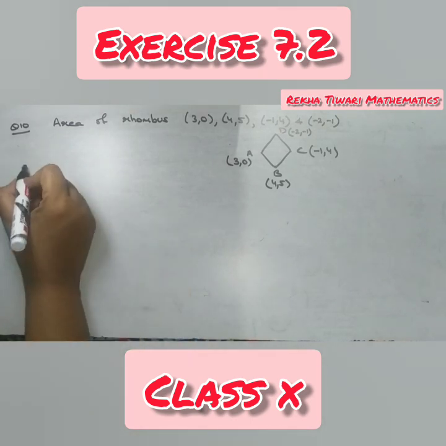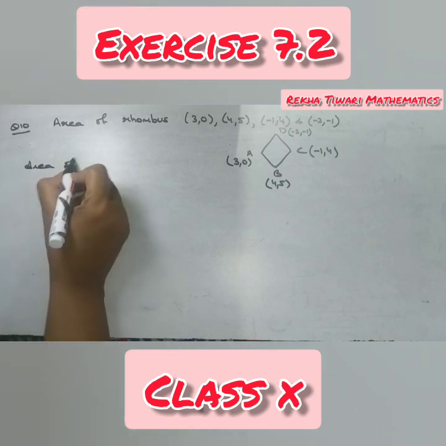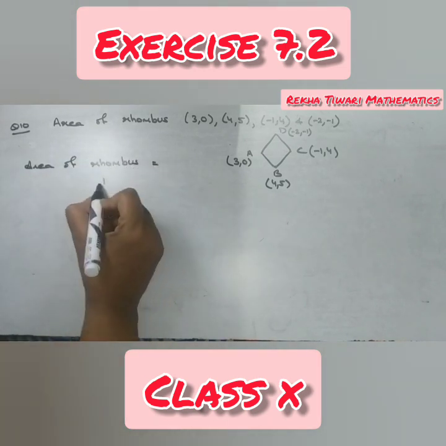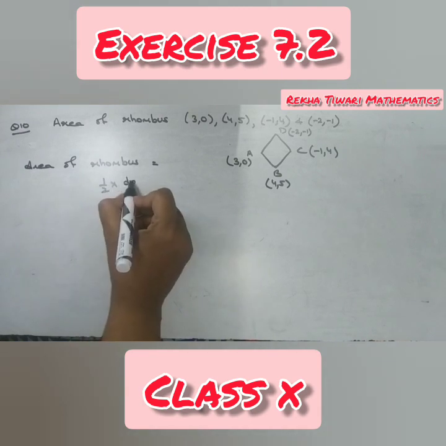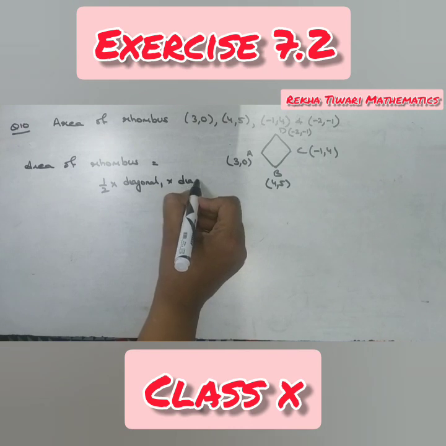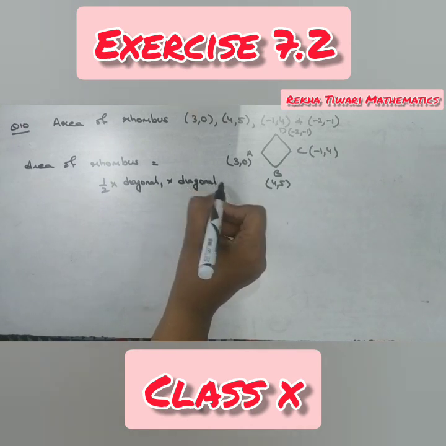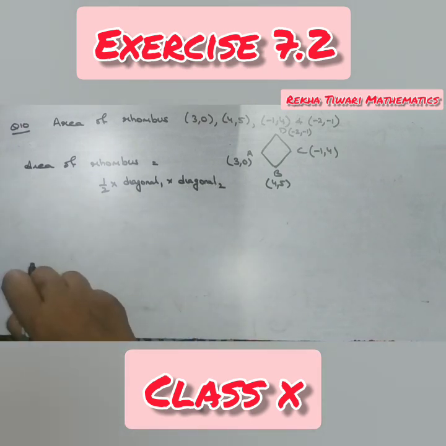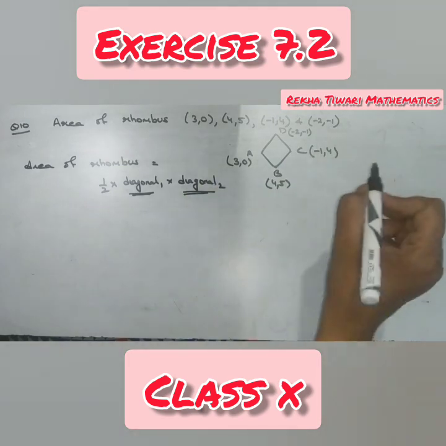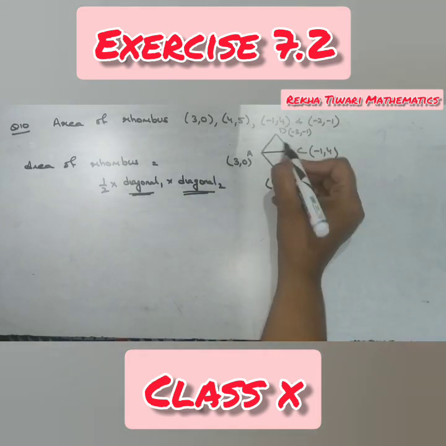If you remember, area of rhombus is half into diagonal 1 into diagonal 2. This we read in our junior classes, half d1 into d2. That means I have to find out the length of both the diagonals, that means AC and BD.